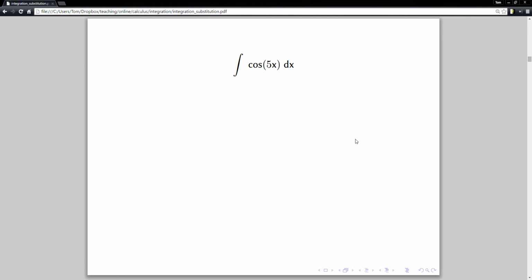I usually call this the guess and check method. I'm going to guess, well, the integral of cosine x was sine of x, so why wouldn't the integral of cosine of 5x be sine of 5x plus some constant c?